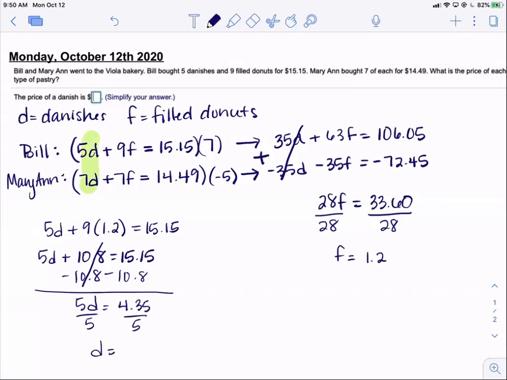So D equals 0.87. So how much does the Danish cost? Good. So Danish cost 87 cents. And a filled donut, $1.20.